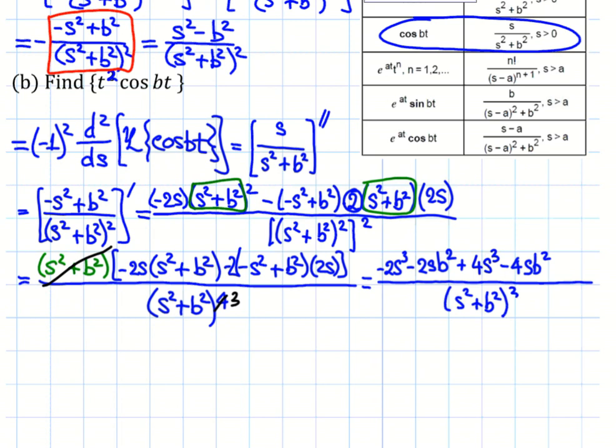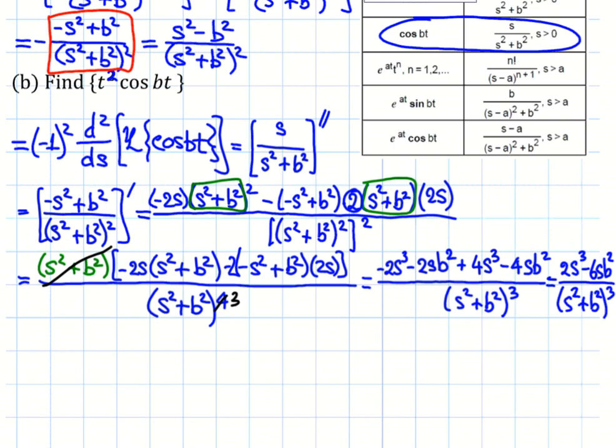I think I just put the answer here. We should have 2s cubed minus 6sb squared, and then (s squared plus b squared) cubed at the bottom. So that's what we have.